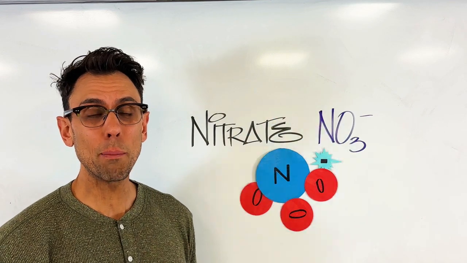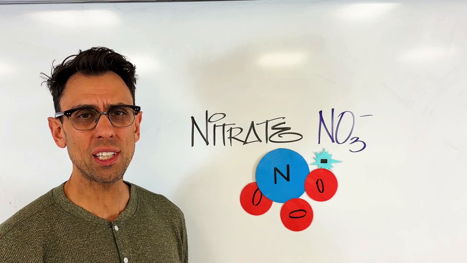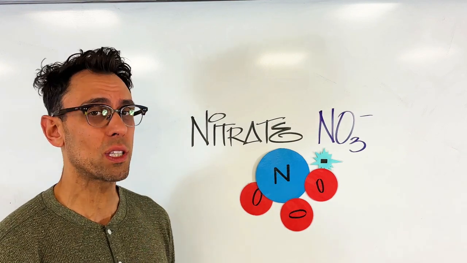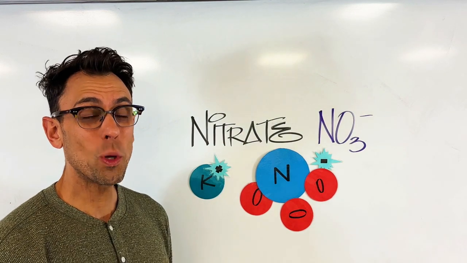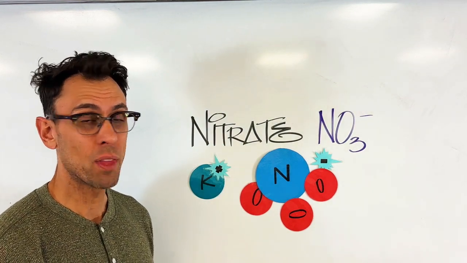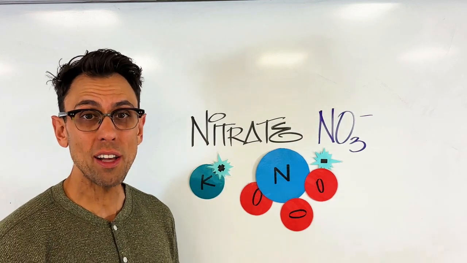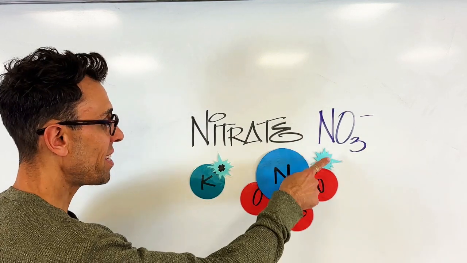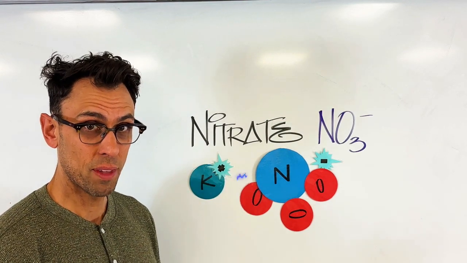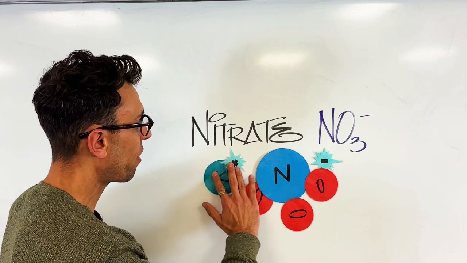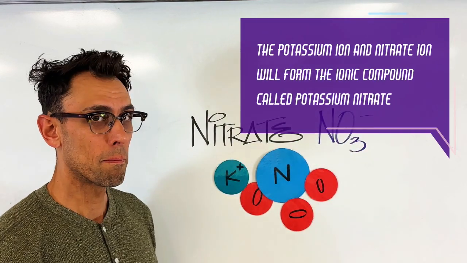Now this is really important because, as we know, opposites attract. So let's think of a potential scenario where nitrate could interact with something else. For example, if nitrate was nearby a potassium atom, and this potassium atom had a positive 1 charge because it lost its valence electron, this negative charge and this positive charge would be attracted to each other, and we would get the formation of an ionic compound, where of course the charges would go away.